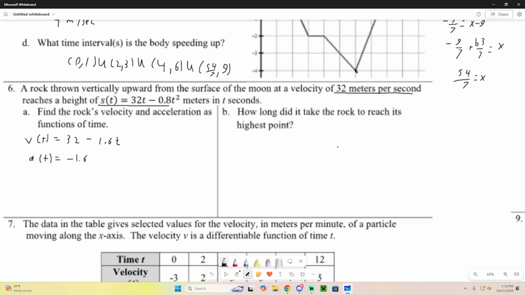So we just need to set the velocity function equal to 0. 32 minus 1.6 t equals 0. Subtract 32 from both sides, we get negative 1.6 t equals negative 32. Divide both sides by 1.6, we get t equals about 20 seconds as our final answer.